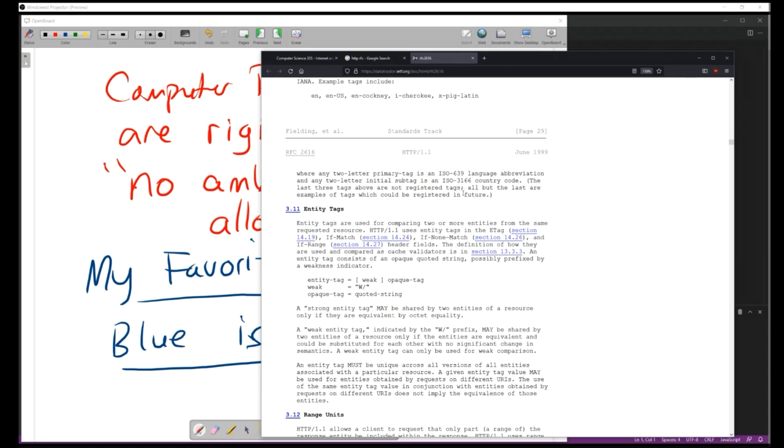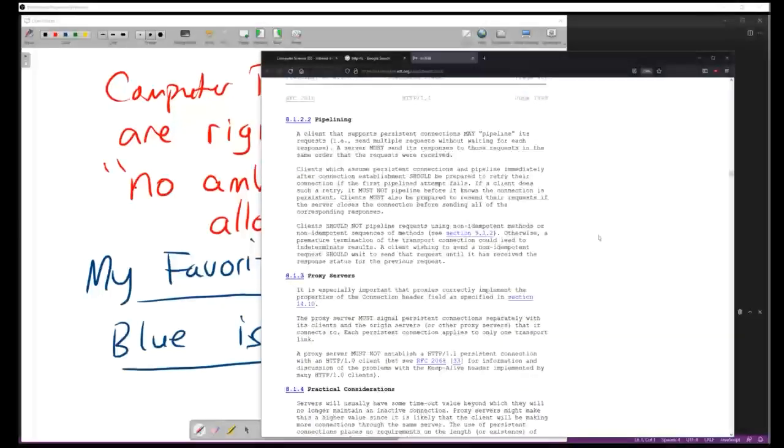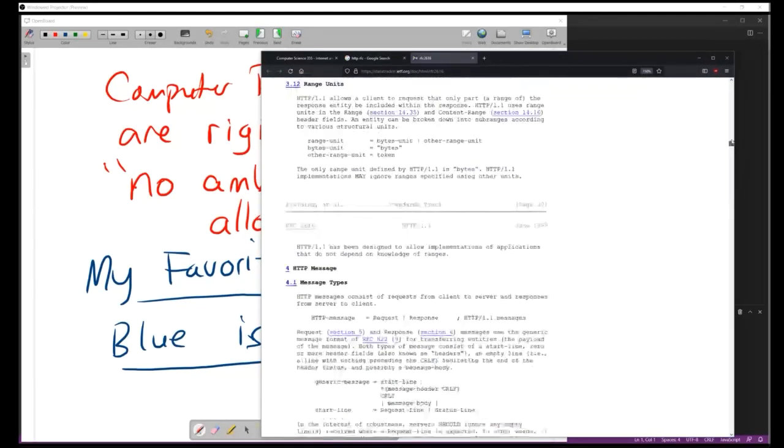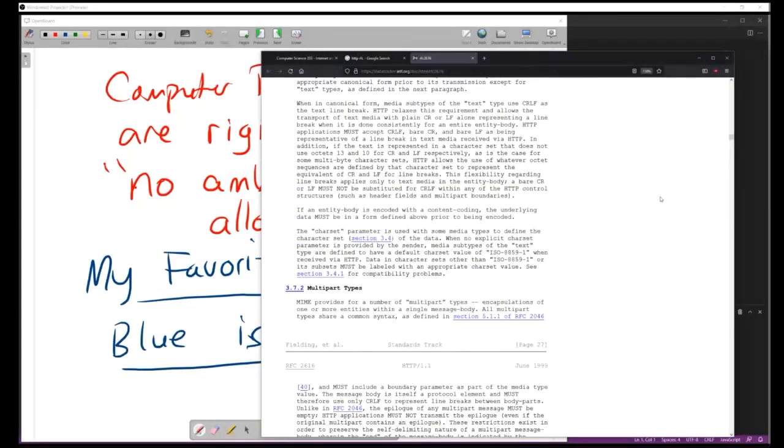In order to support it, there is a very strict set of rules. There are hundreds and hundreds of these rules that deal with all specific cases of the protocol and how you must follow those rules. And the reason why you must follow those rules is because all the other web servers and web browsers on the web are following those rules.